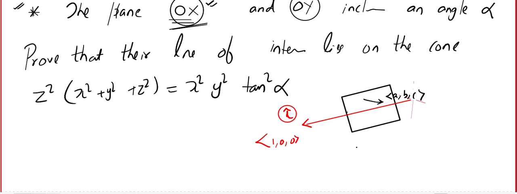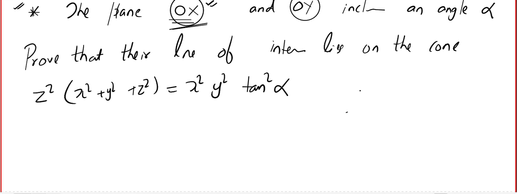So take the dot product: you will get 1 into A plus 0 into B plus 0 into C equal to 0, because the dot product should be 0. That means A equals 0. So always remember, any plane through the OX axis, that means the x-axis, will not have the coefficient of x.